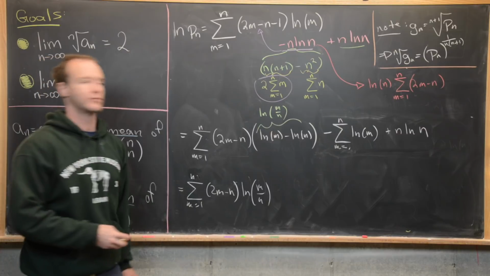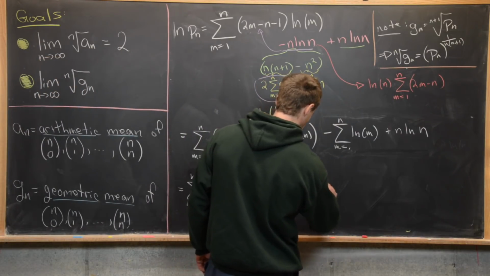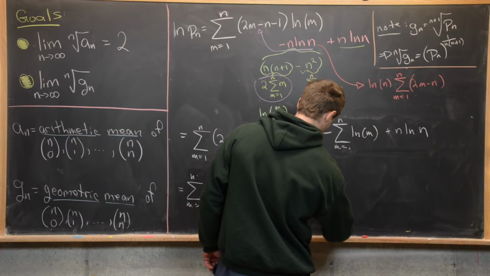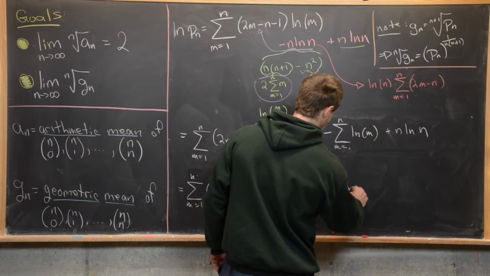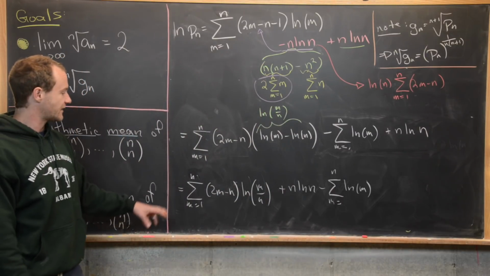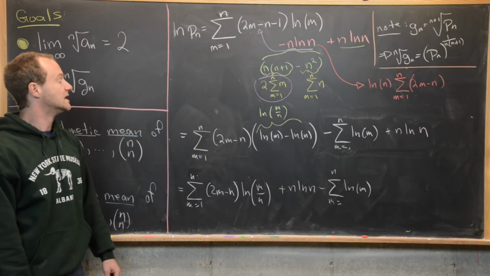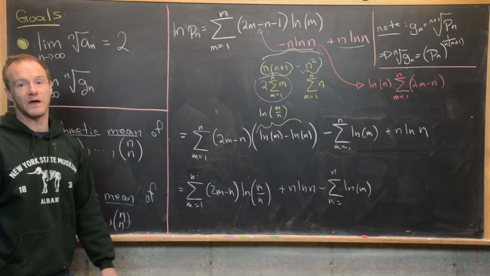And then I can just go ahead and bring this down. So that's going to be plus n times the natural log of n minus the sum, m goes from 1 to n, of the natural log of m. I just reordered that a little bit. Okay, so now we've got a nicer closed formula for this natural log of p sub n. I'll go ahead and bring that up and then we'll keep going.